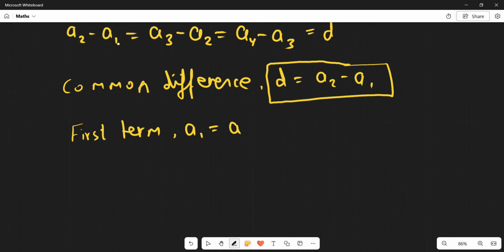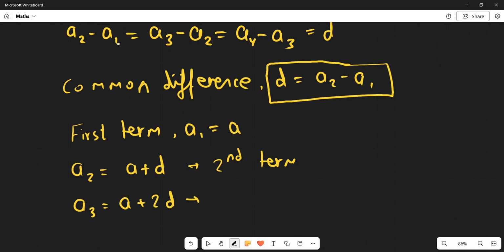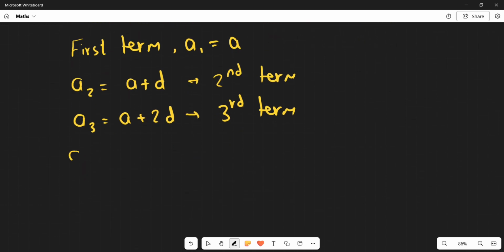A1 is equal to A, A2 equals A plus D, which is the second term. Then we have A3, the third term, given by A plus 2D. Then the fourth term, A4, can be calculated as A plus 3D.